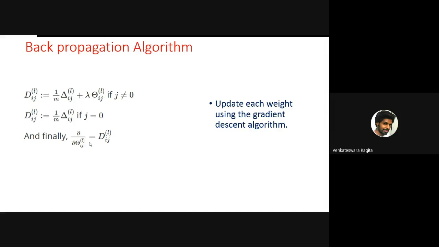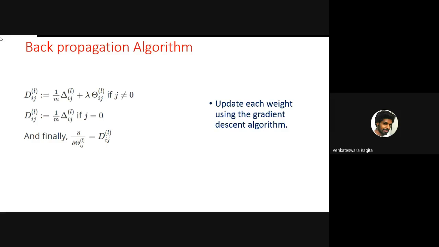Okay, all right, now we have a lot of procedure that is well defined, and finally we are saying this quantity is equivalent to the derivative of J with respect to theta_ij. What we are actually trying to say is that you need not compute the derivative of J with respect to each and every parameter separately.